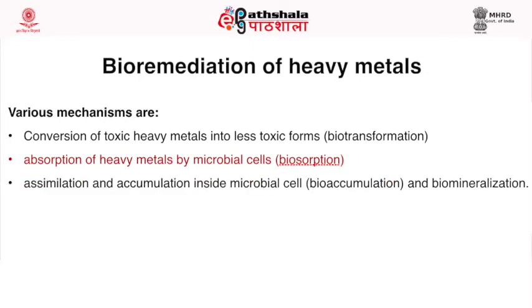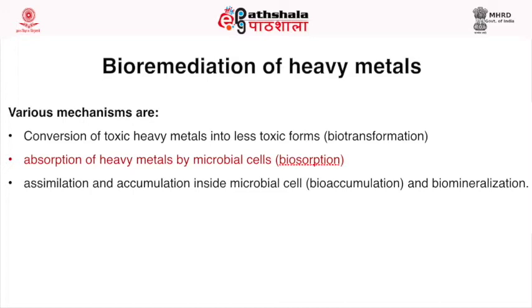Then absorption of heavy metal by the microbial cells. This technique can also be used, and this is called biosorption. A lot of research in a number of laboratories all over the world is going on the biosorption approach. Then assimilation and accumulation of heavy metals inside the microbial cells.